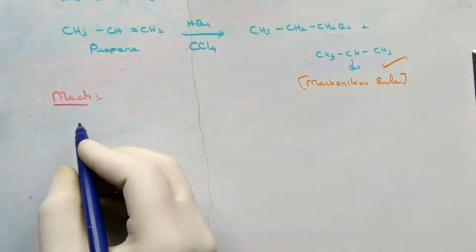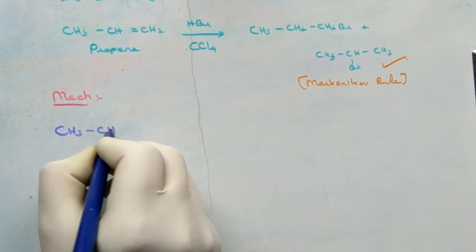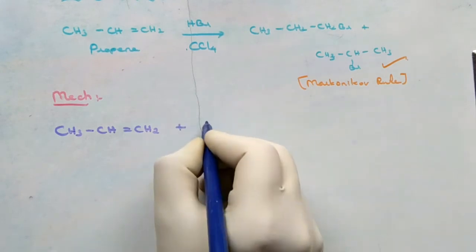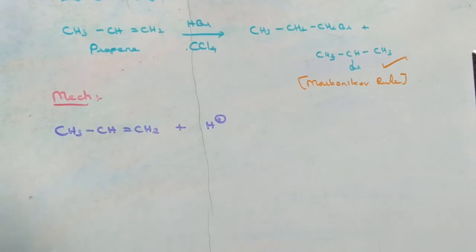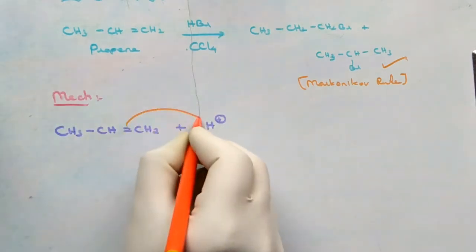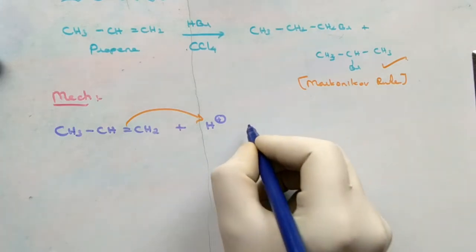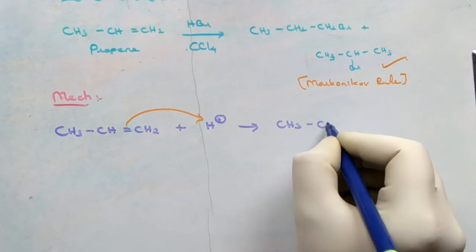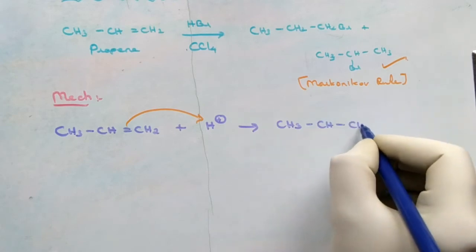So in the first step, the pi electrons will attack the electrophile. Here the electrophile is H+. The bond in the alkene will attack the electrophile. 2 intermediates are possible for this reaction because the hydrogen can be added to the second carbon or to the first carbon.